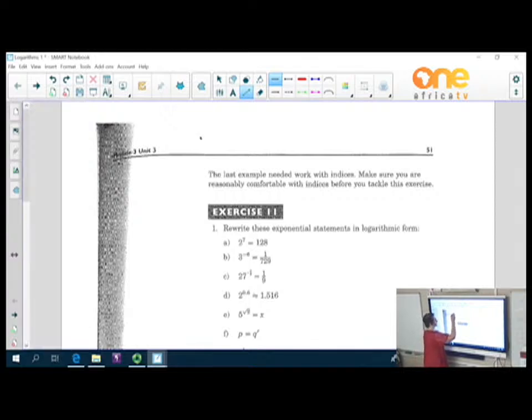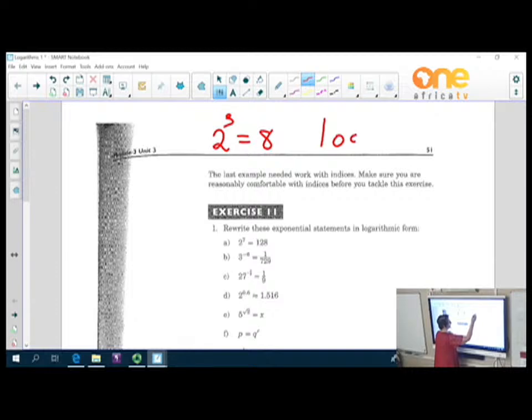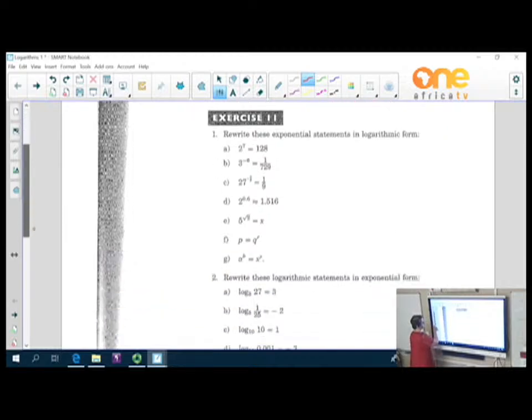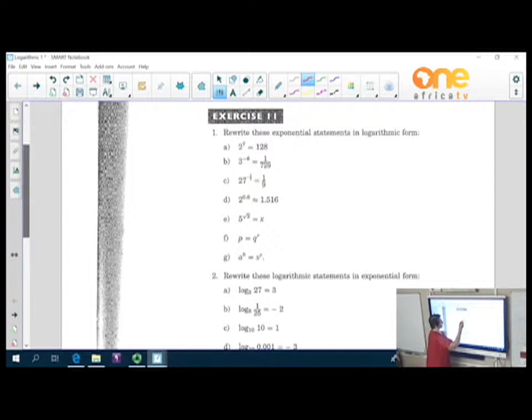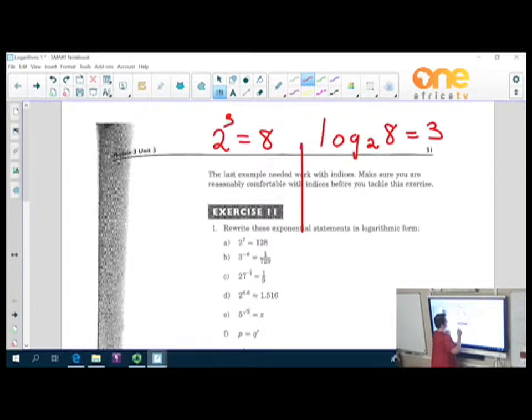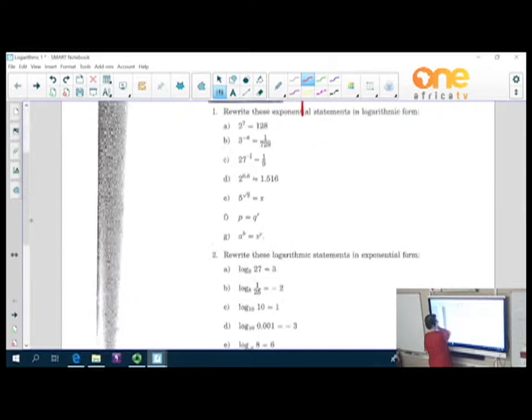So what we're doing is 2 to the power of 3 is 8, and I want to change this now to log base 2 of 8 is equal to 3. Just familiarize you now with this notation. Right. So there's the first one. It will be log base 2 of 128 is equal to 7.